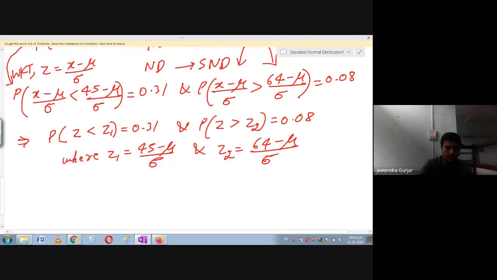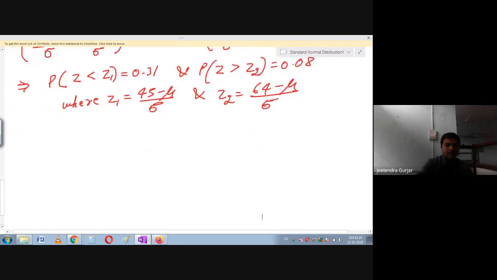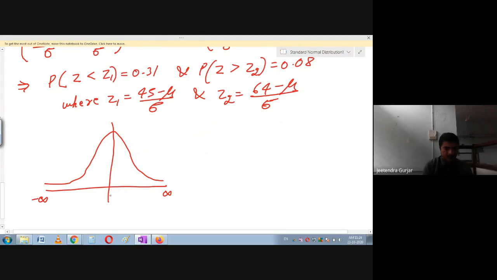So what I do now is take the graph first. Now we'll see how our graph actually looks. I'm going to take probability for z less than z1. So this is the normal distribution curve, from minus infinity to infinity, please remember this. This is our mean, that is 0.